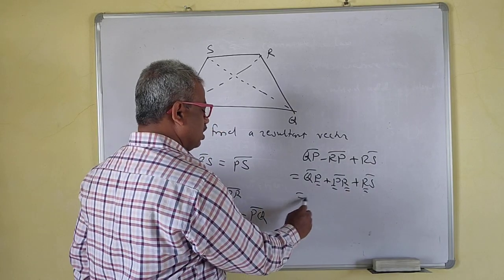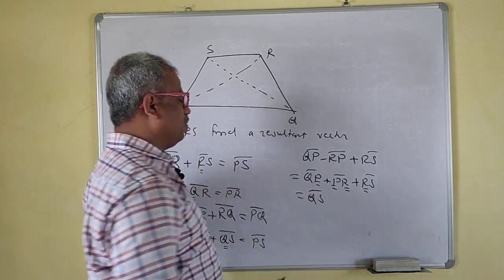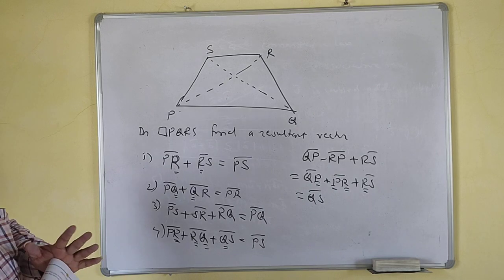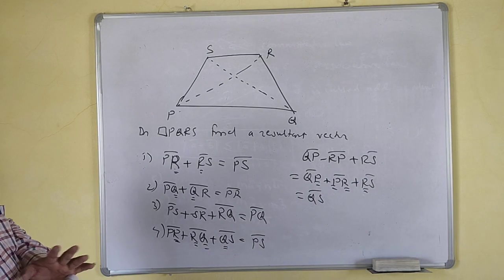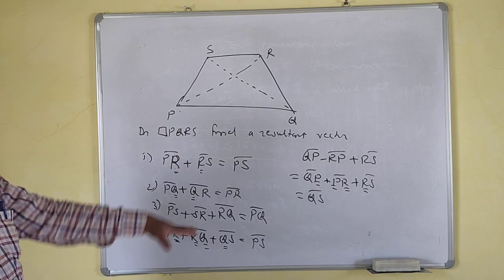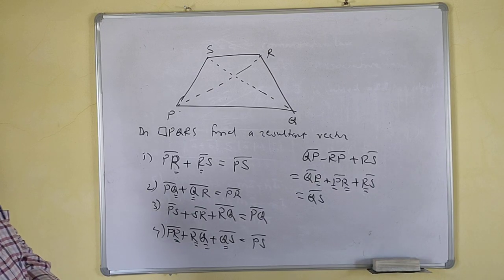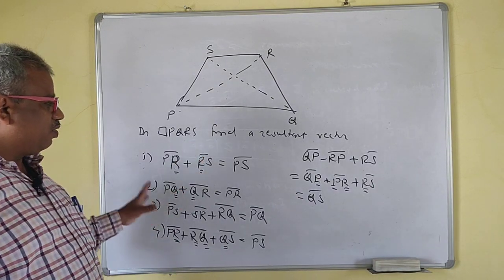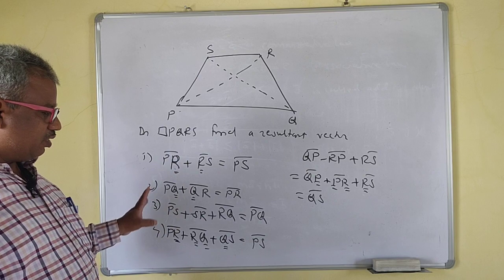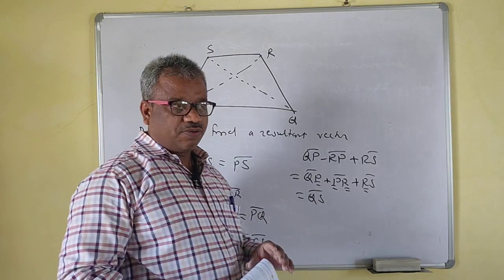That means this is nothing but QS bar, right? So I hope that you understand the application of the triangle law. This is the application of the triangle law. Okay, this is very nice. I hope that you understand this one. Okay, so we'll stop here.